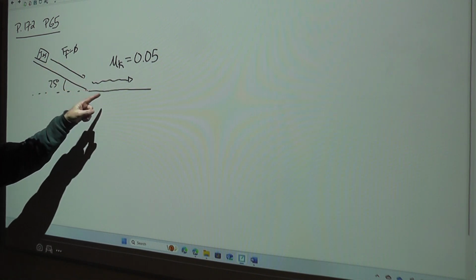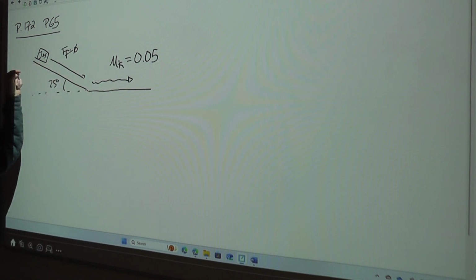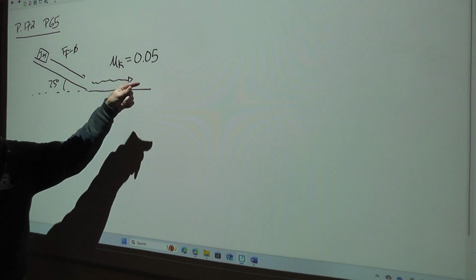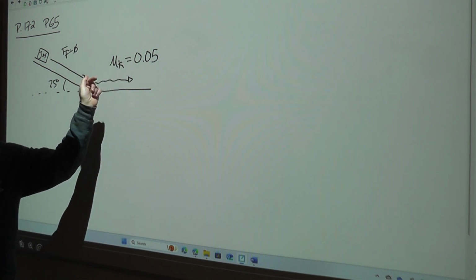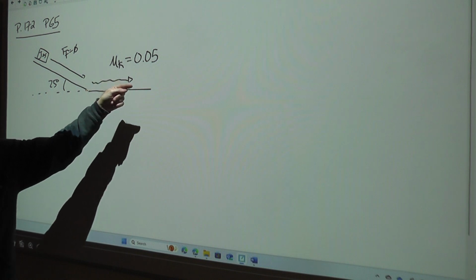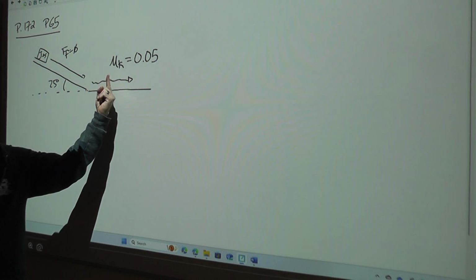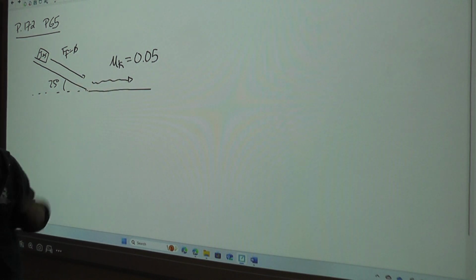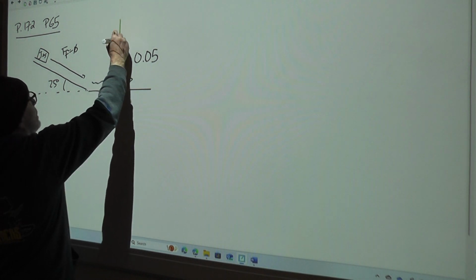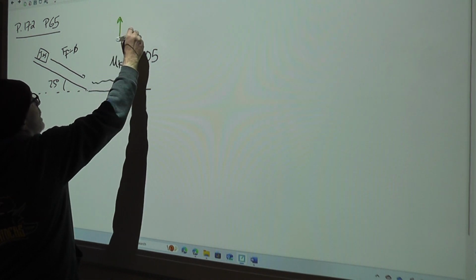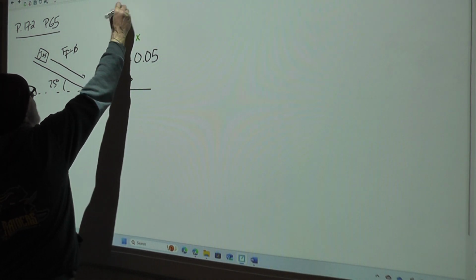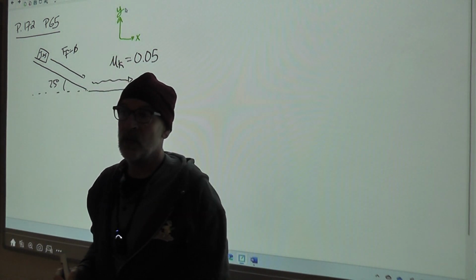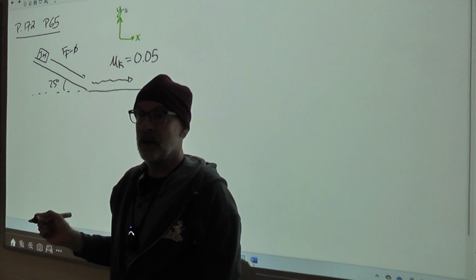At the bottom of the hill, Josh and his sled are going to be moving straight to the right. There's going to be a normal force that's straight up, and the force of friction is going to be straight to the left. So it actually makes a lot of sense for me to use the same reference axes that I did before. And I could do that.